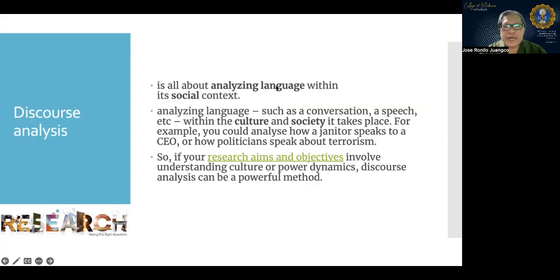Discourse analysis is about analyzing language within its social context. Okay. So analyzing language such as conversation, speech, etc. within the culture of the society in which it takes place. For example, you're going to analyze how a janitor speaks to a CEO or how politicians speak about terrorism. So if your research aims and objectives involve understanding culture or power dynamics, discourse analysis can be a powerful method.